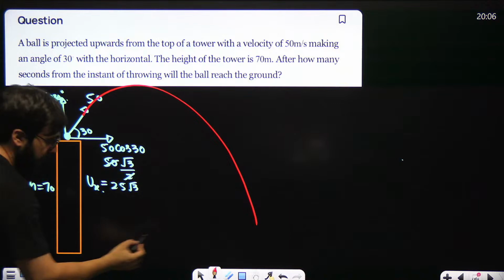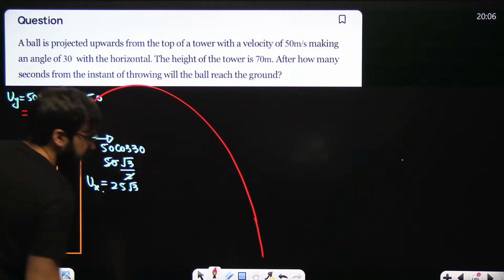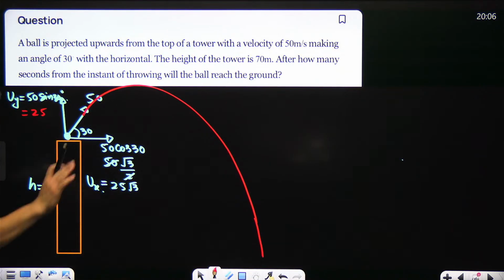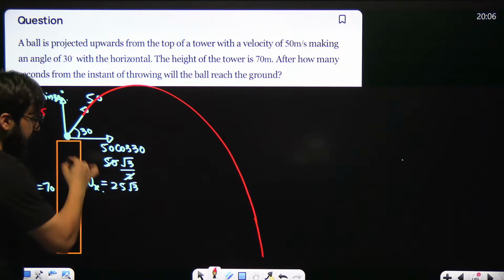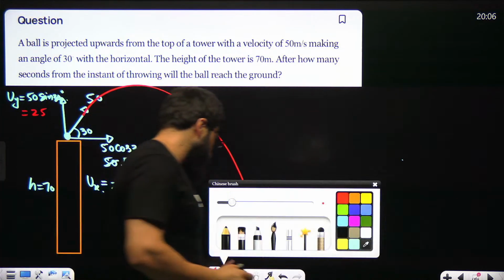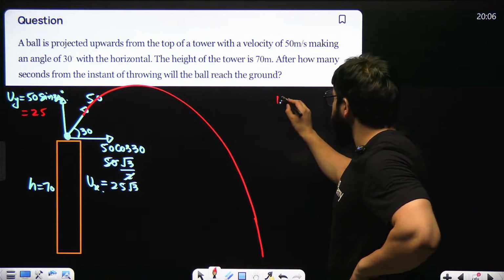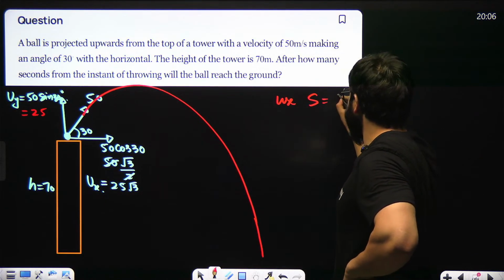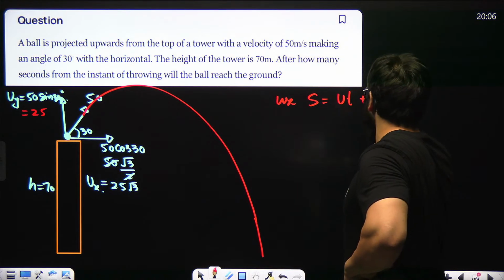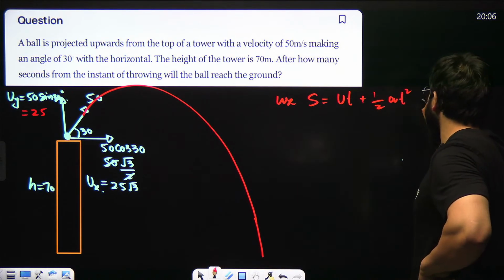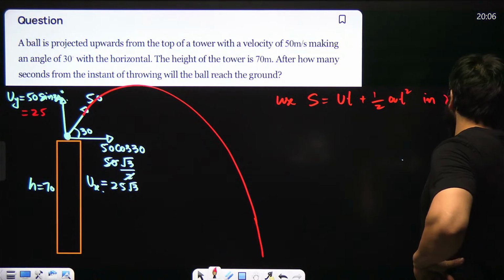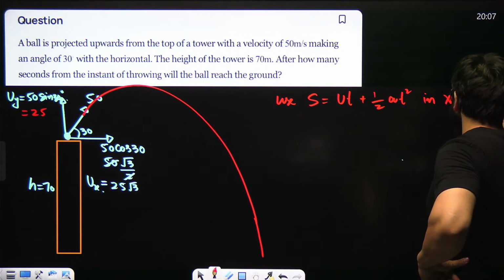It will follow the path something like this and it will hit the ground. Okay. Now guys, how much time it will take in this entire journey? That is what we are supposed to calculate over here. See, I say use S is equal to ut plus 1 by 2 at square in x direction, in y direction.